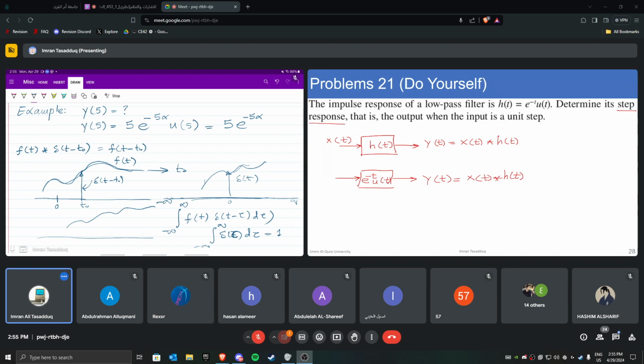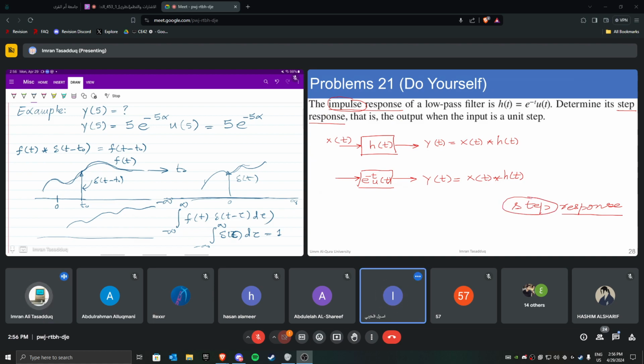Because when we say impulse response, what does it mean? The response of the system when the input is impulse. Similarly, when we say step response, it means the output of the system when the input is a unit step.